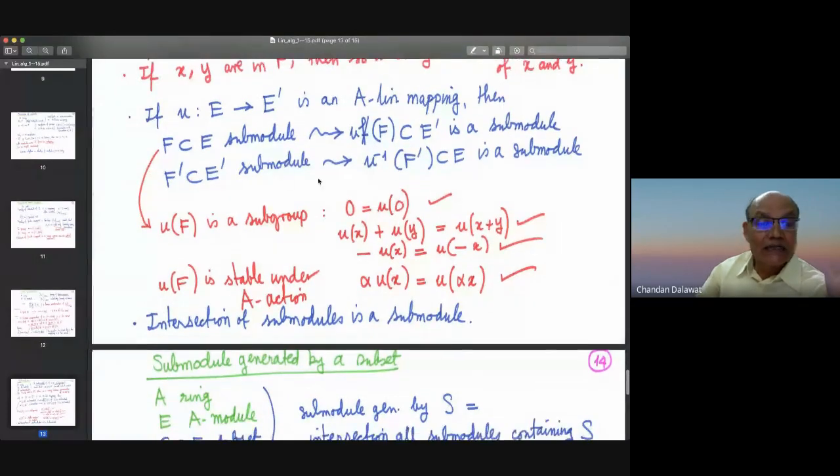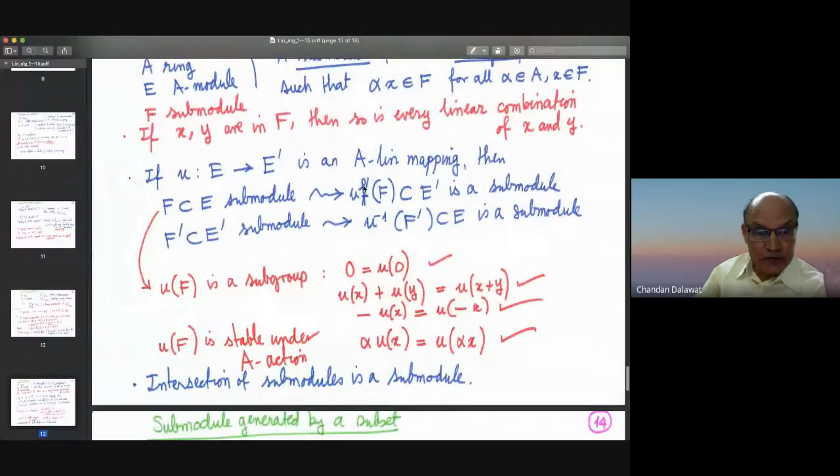Okay, and here is something which is not very difficult to check. If you have a linear mapping between two A-modules, E and E prime, an A-linear mapping u, and if I have a submodule F in E, and I take its image u(F), that's going to be a subset of E prime, but I'm claiming that it's actually a submodule.